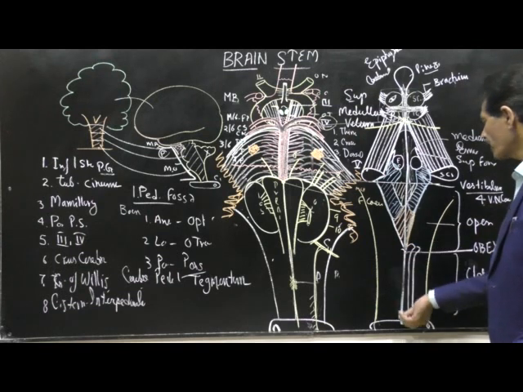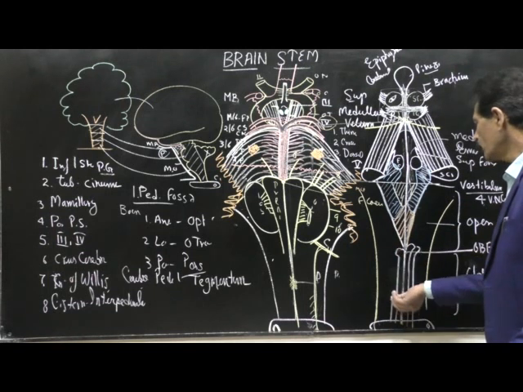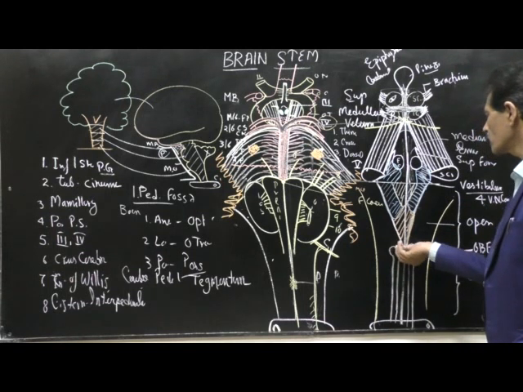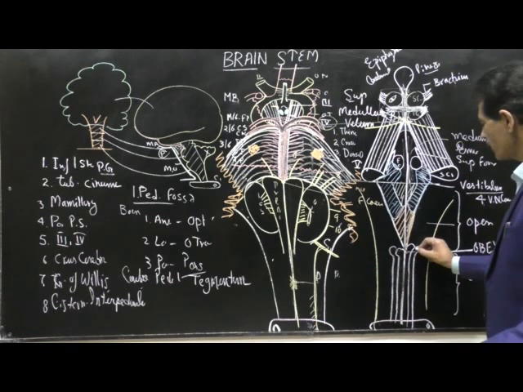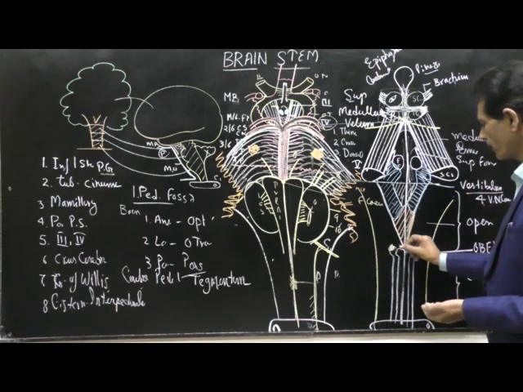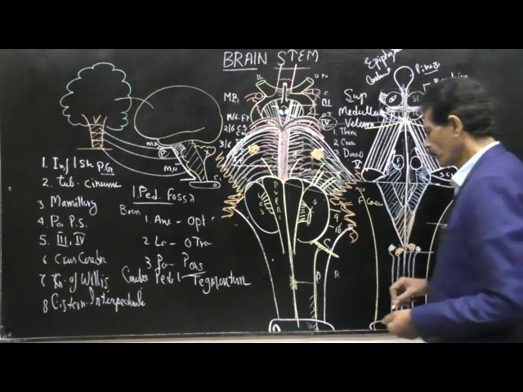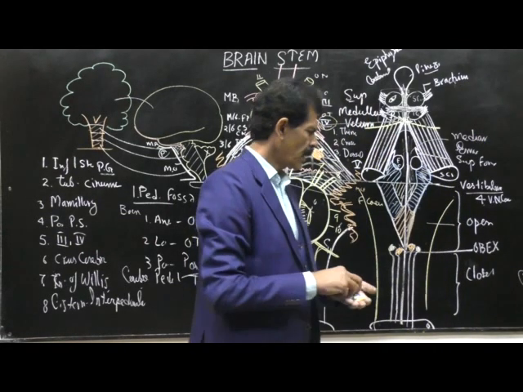At the level of the obex, both terminate into the gracile tubercle and the cuneate tubercle, which are made up of grey matter. So this is the feature of the dorsal aspect of the medulla.